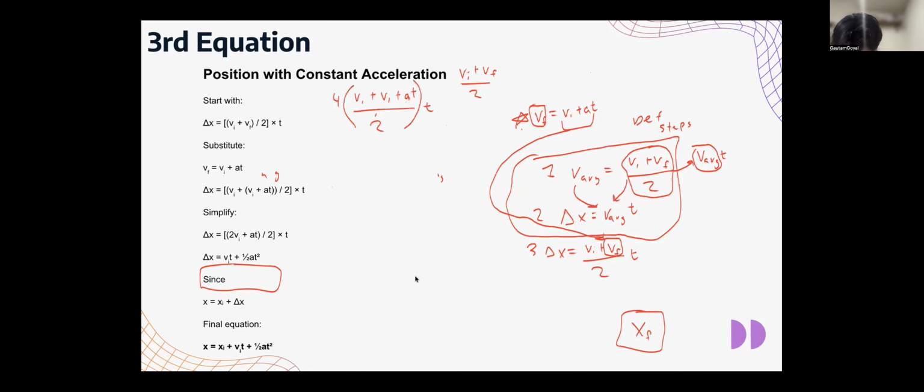I'm going to put this in parentheses just so you know you do this first. Okay, good. Does step 4 make sense to you guys? Yes, yeah.